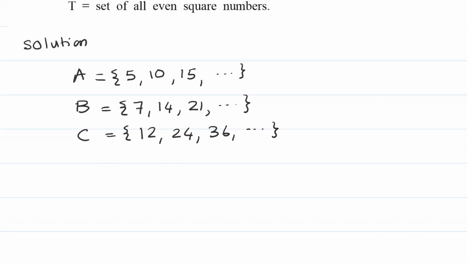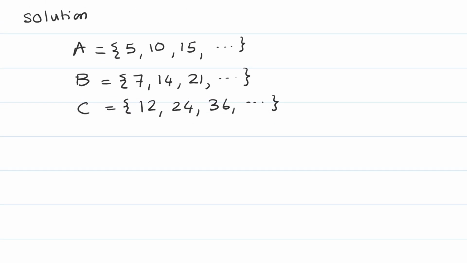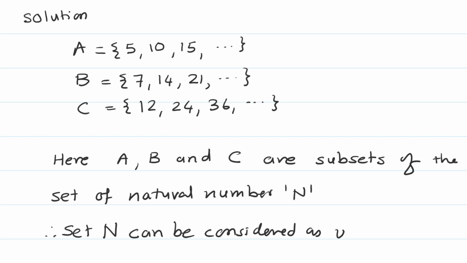So since A, B and C are subsets of the set of natural numbers, N can be considered as the universal set.